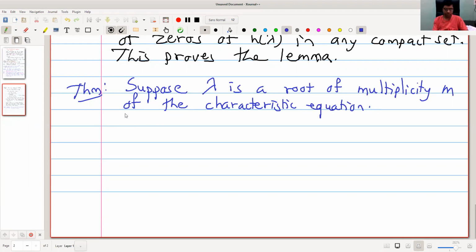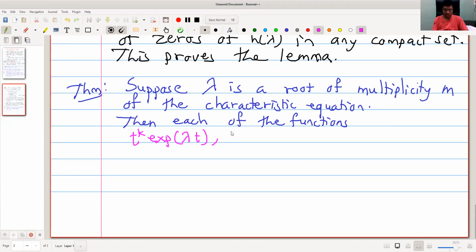Then each of the functions t raised to k e raised to lambda t, k equal to 0, 1, 2, and so on up to m minus 1, where m is the multiplicity, is a solution of DDE 1.